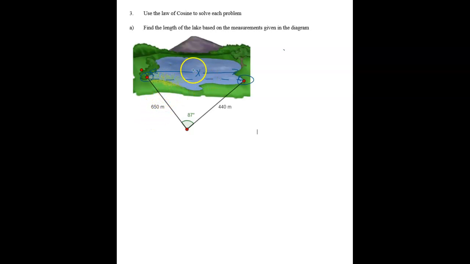So the way we set up law of cosines, here's the measurement that you want to find. So you start first by saying X squared equals. Then you use the other two measurements, so 650 squared, and you will add that to 440 squared.